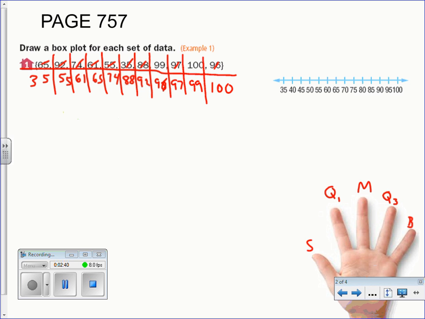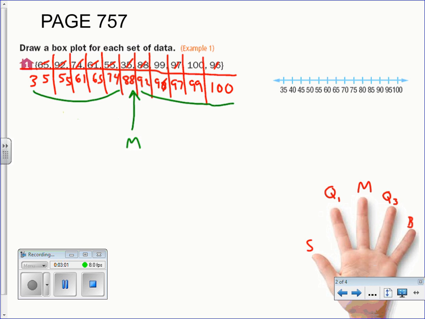So you can see that this is 1, 2, 3, 4, 5, 6, 7, 8, 9, 10, 11 numbers. So that means there are 5 on this side, and 5 on this side, and 1 number in the middle. So there's our median.